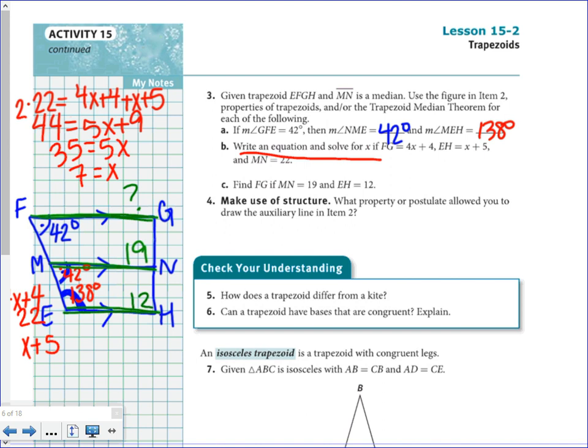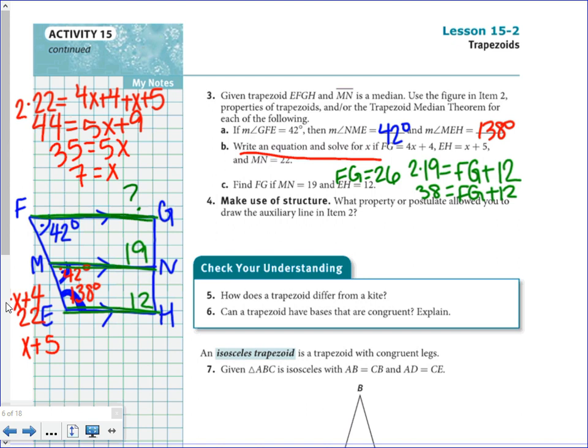So again, my median is 19. 2 times 19 equals the two bases, FG and EH. So 2 times 19 is 38. If you subtract 12, FG is going to equal 26.